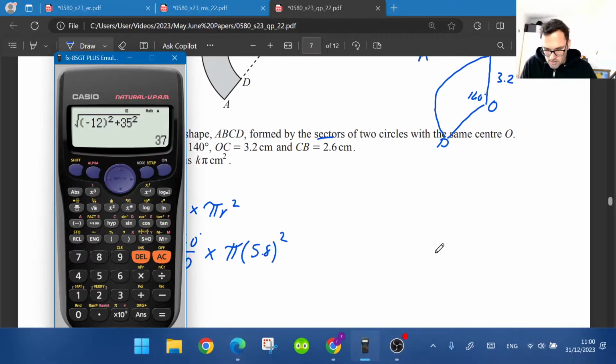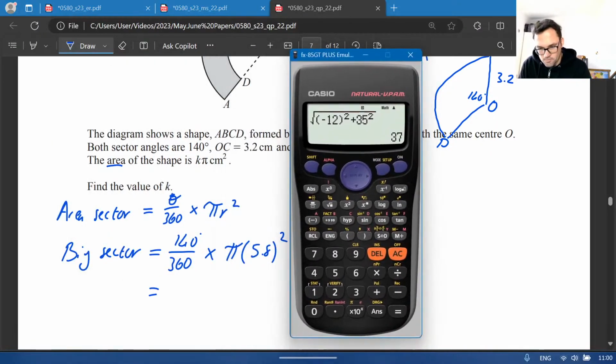Okay, let's put that in our calculator. All right, now my calculator's done a beautiful thing. I mean, there's the answer, 41.099, etc. We can write that down, but the more accurate answer is this one. Okay. Because it is in pi form.